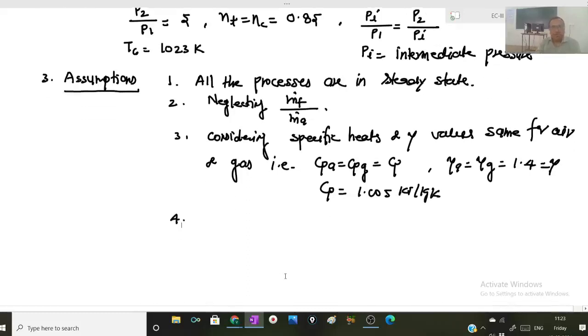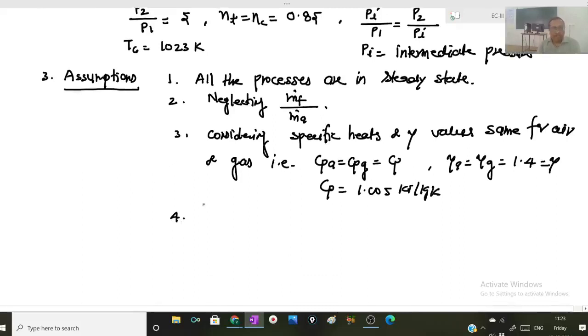Then assumption number 4, I can take no pressure drop in either of the process.